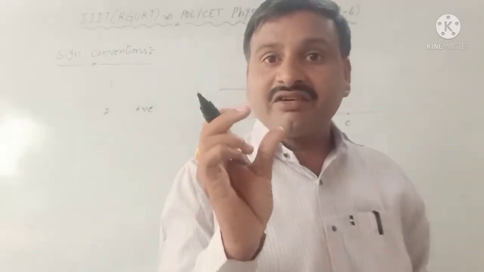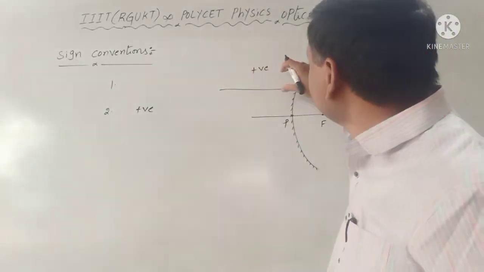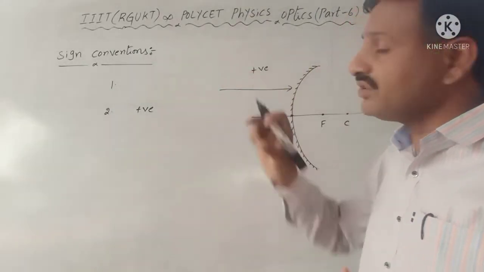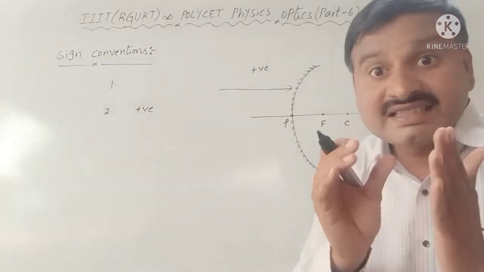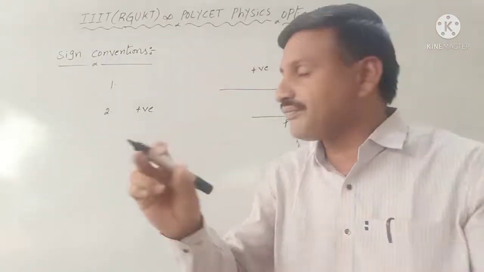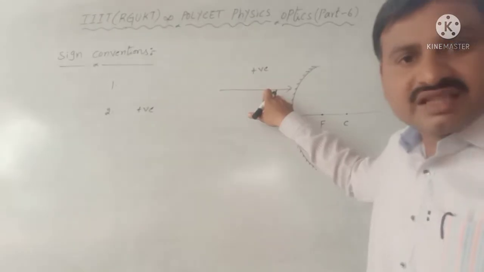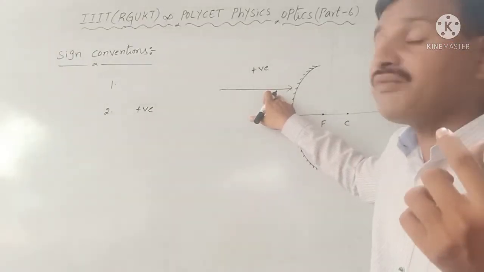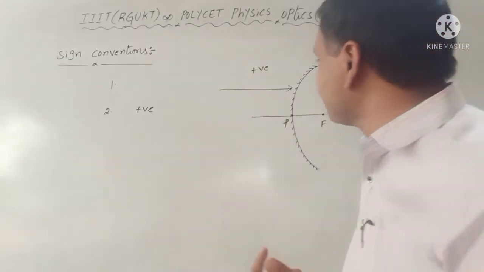The distance measured in the direction of the incident light ray is taken positive.